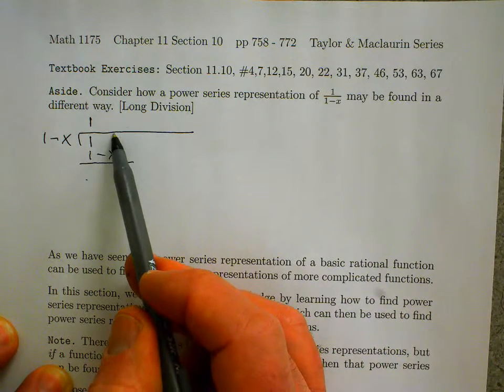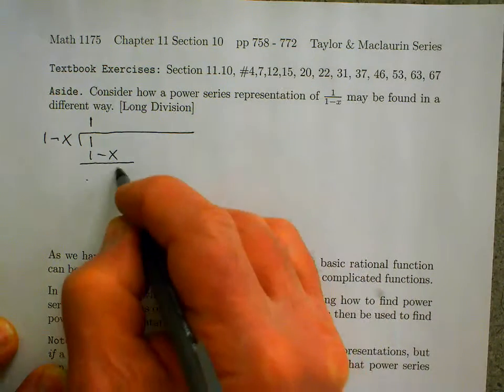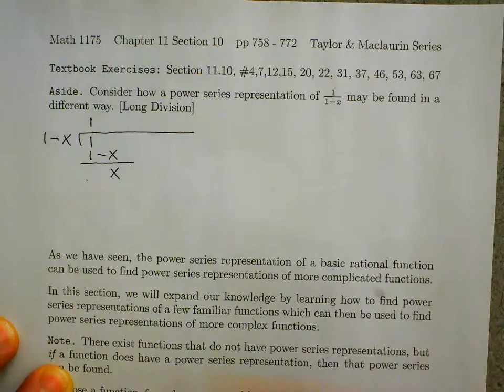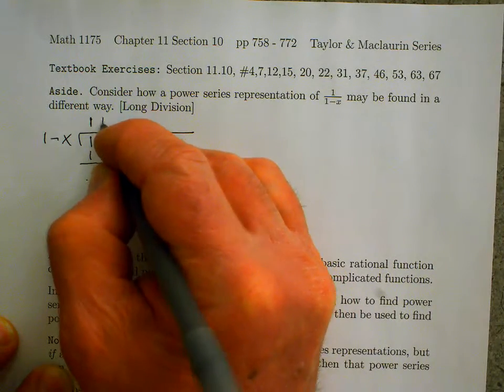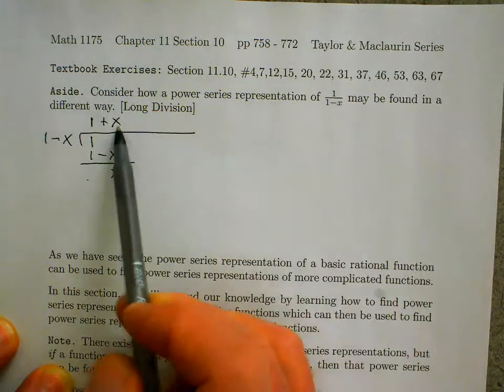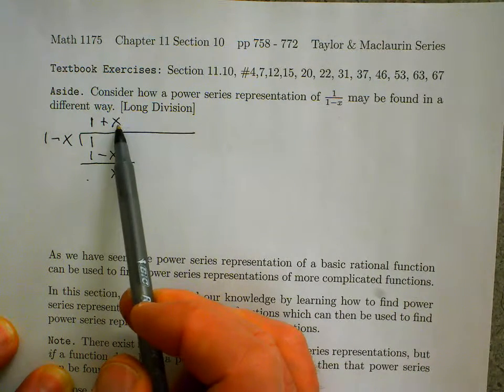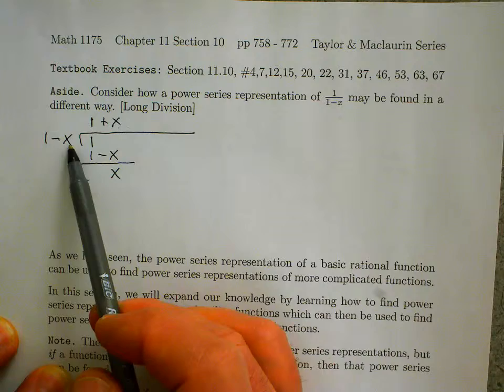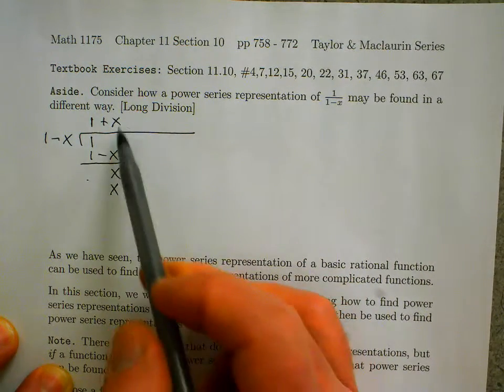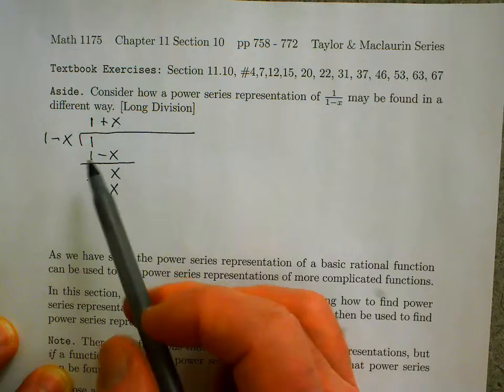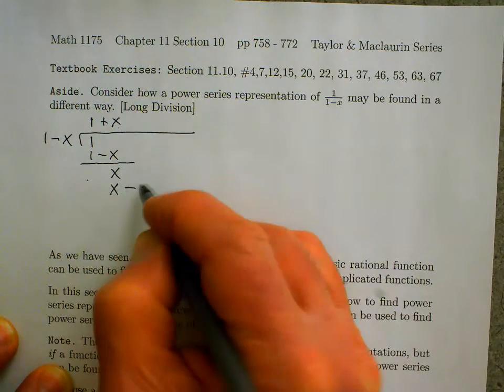And 0 minus negative x is x. And 1 goes into x x times, so we write plus x in the quotient. And then we multiply x times 1 minus x. x times 1 is x. And x times negative x is negative x squared, so we write minus x squared.